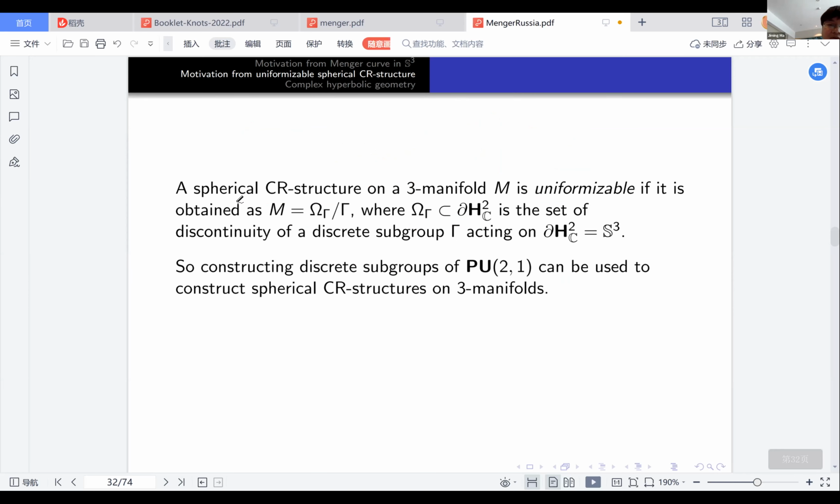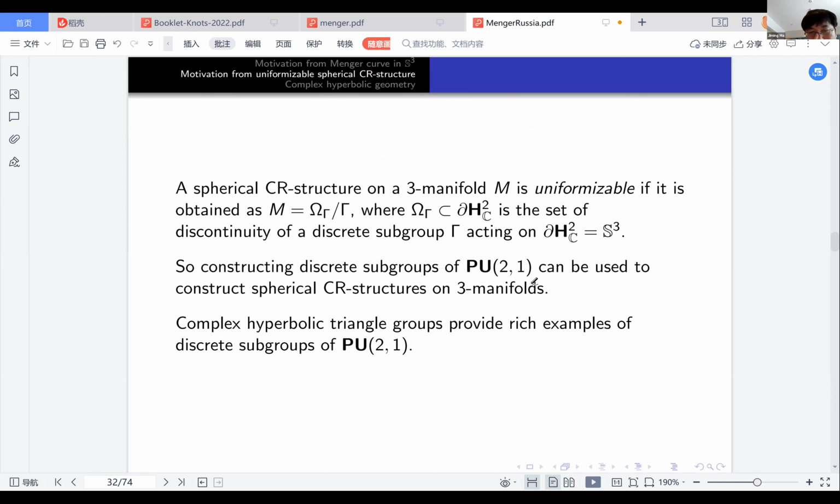So constructing discrete subgroups of the Lie group here can be used to construct some uniformizable spherical CR structures on three-manifolds. Okay, and complex hyperbolic triangle groups provide rich examples of discrete subgroups of the Lie group here.